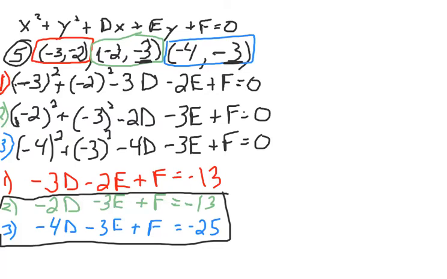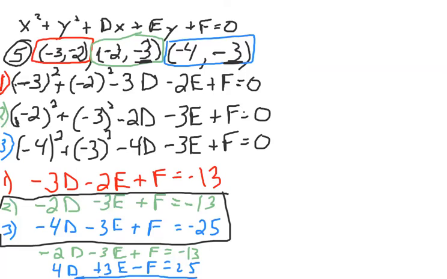So my green line is going to be -2d minus 3e plus f. I'm leaving it exactly the same. And then I'm going to multiply the blue line by -1, which makes all of these positive, or changes all their signs. And then I'm going to add these together, and I'm going to have to move that over here to the right.